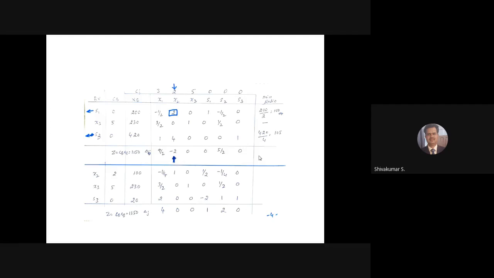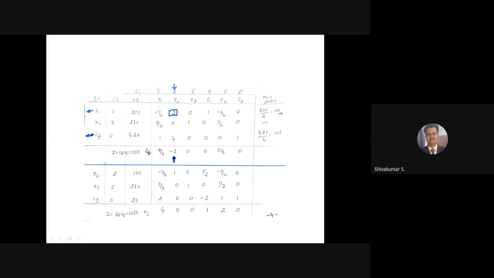You can find the Z value wherever you want, even at this junction. So this value is Z. It is not so significant here.